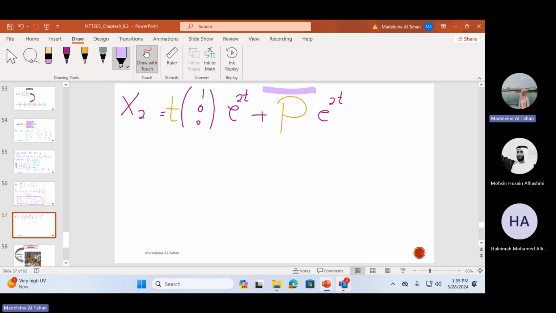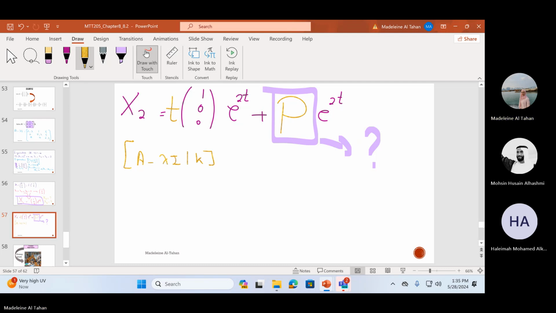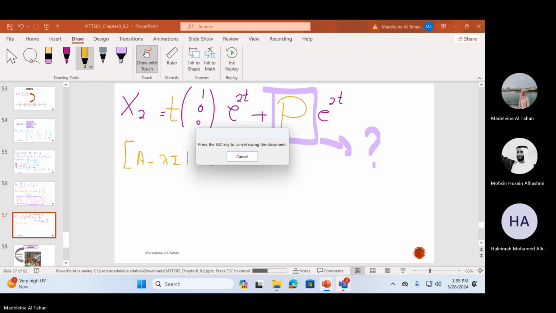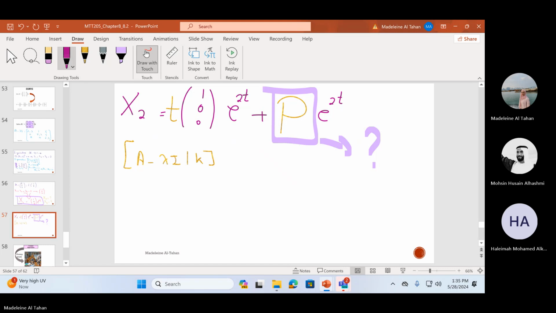Now our next step is to do what? Find P. How do we find P? From K. Okay, so how do we find P? A minus lambda I, and here we would put A. A minus lambda I equals the matrix 0, 1, 6, 0, 0, 5 and 0, 0, 0.